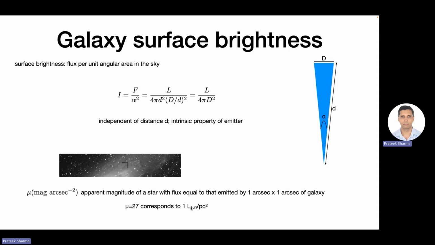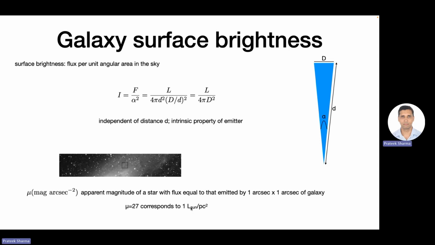You have to be extremely careful with this magnitude system: a larger value corresponds to smaller luminosity or flux or surface brightness. And there are also signs because it's a logarithmic unit.